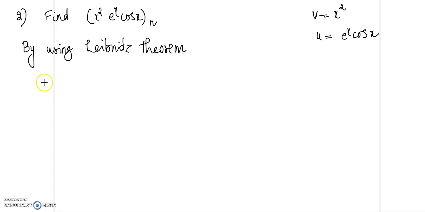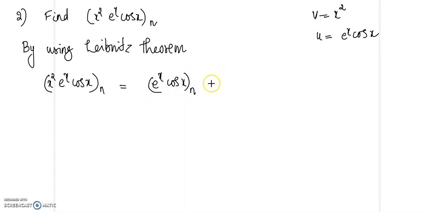so when you take x square e raised to x cos x, its nth derivative will be, so we will have un, ഇപ്പോൾ u എന്ന് പറയുന്നത് e raised to x cos x വരും.